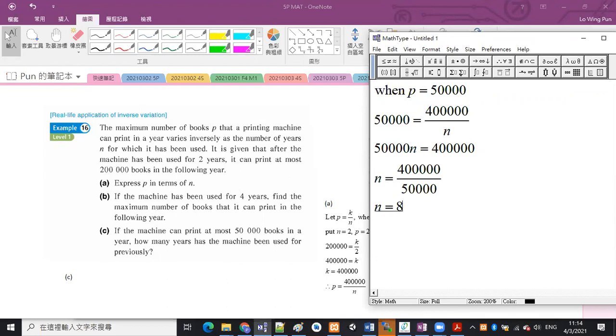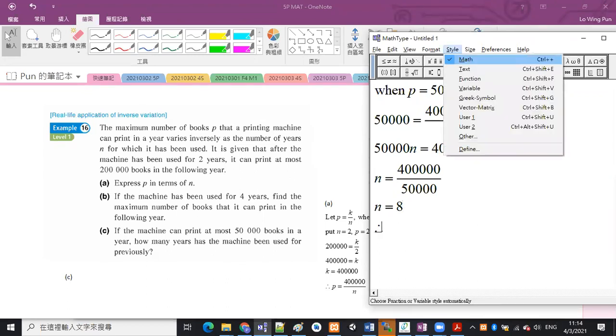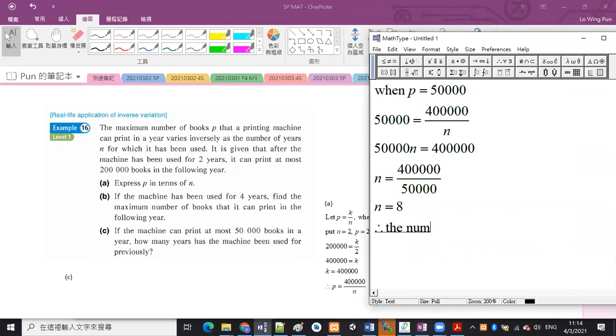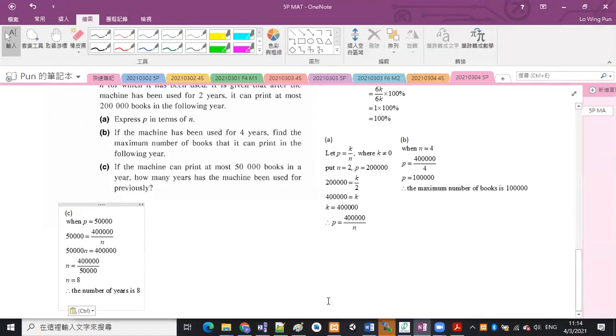Okay, but don't just leave it as the answer, because the question did not ask you to find the value of N, but asked you to find the number of years. Okay, so just write down, therefore, the number of years is 8, or just 8 years is okay. Is that okay?